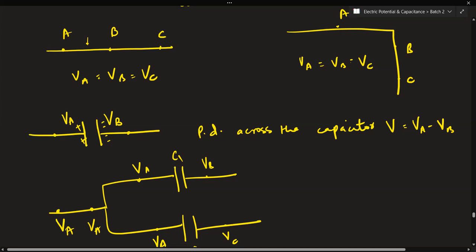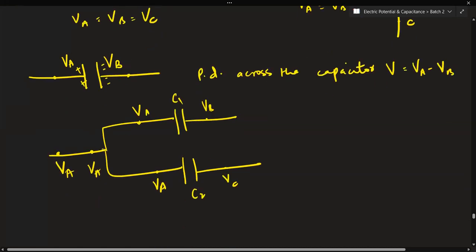In this circuit which we were discussing, what is happening? See, this is a continuous wire, it has divided. Now branching has no effect on potential. Branching does not affect potential.